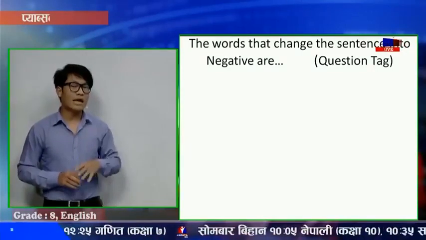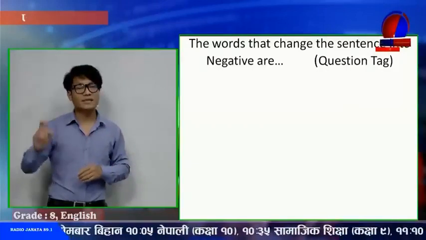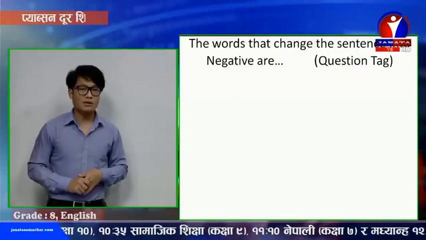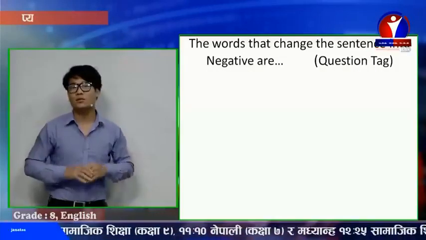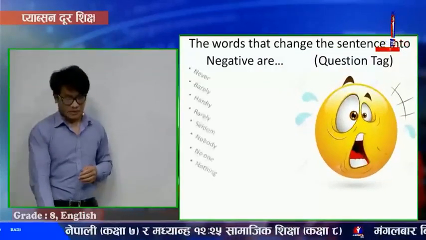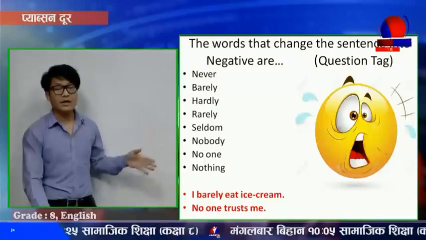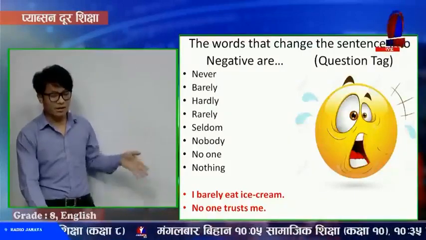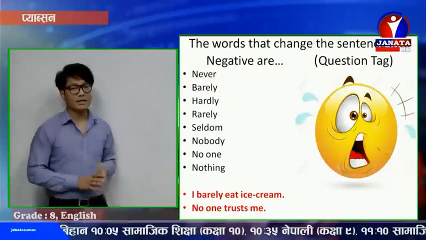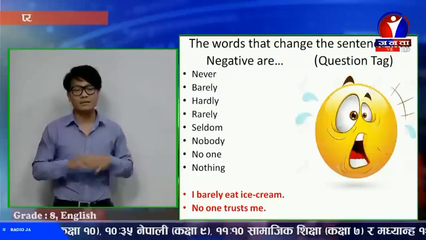We know that if the statement is positive, then the question tag should be negative. That's why we should know that there are some words which change the whole sentence into negative. So what are they? You can see here: never, barely, hardly, rarely, seldom, nobody, no one, and nothing. These are the words which change the whole sentence into negative.